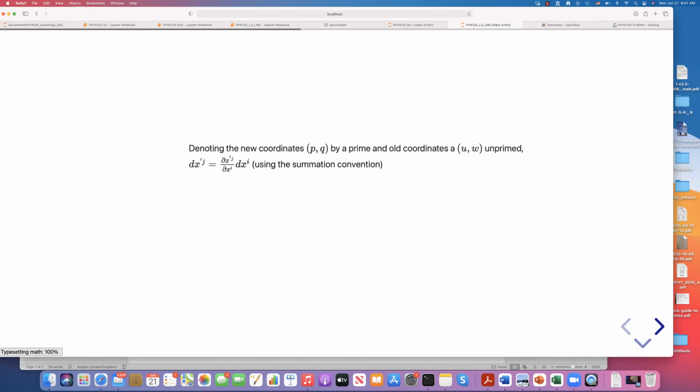So that means let's say j equals just 1, right? And if j equals 1, this expression can be written as dx'1 equals ∂x'1 over ∂x1 dx1 plus ∂x'1 over ∂x2 dx2, right? So then this expression can be written as a summation plus something, right?